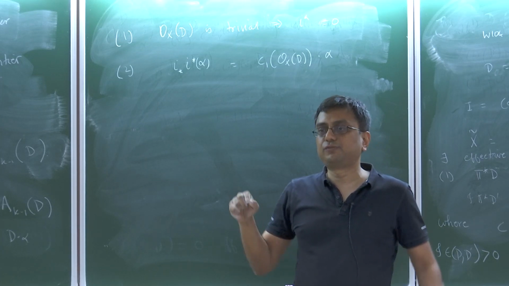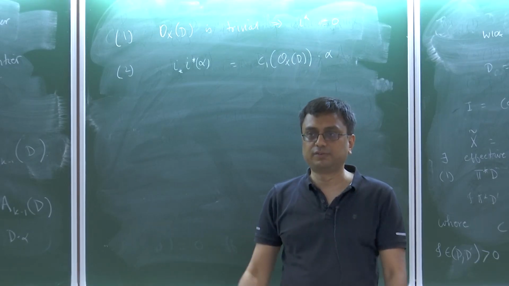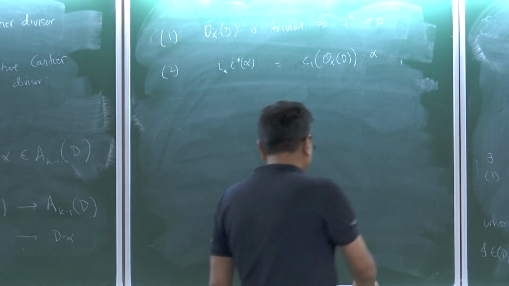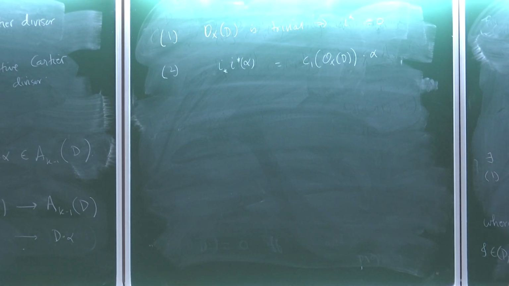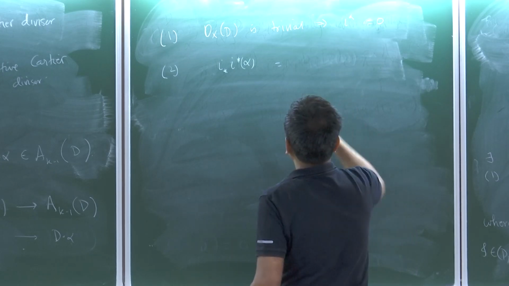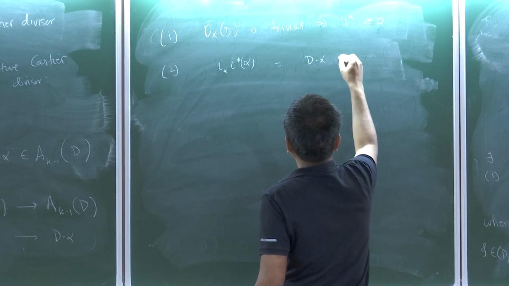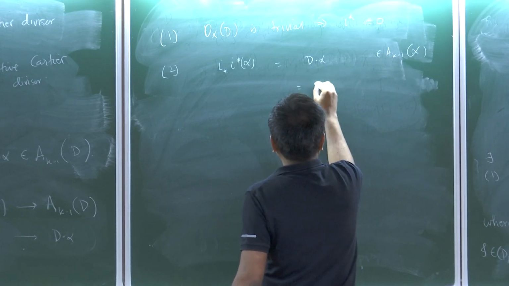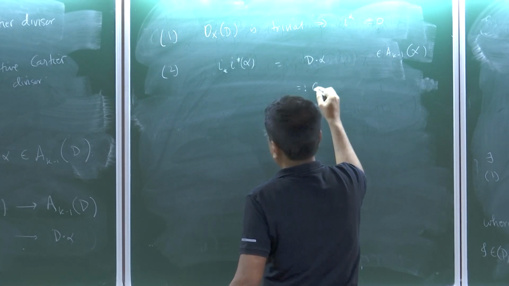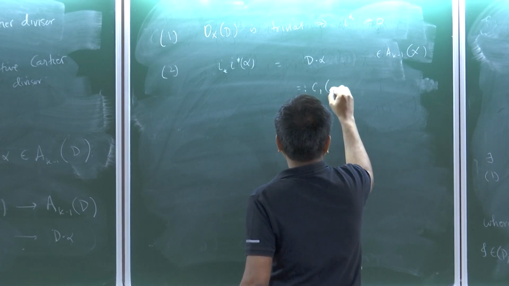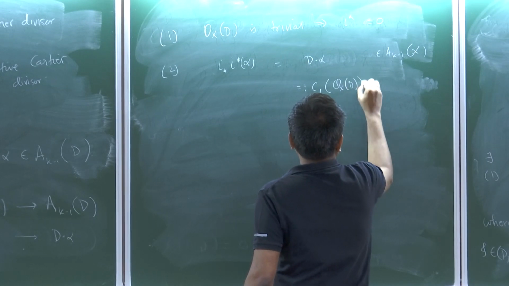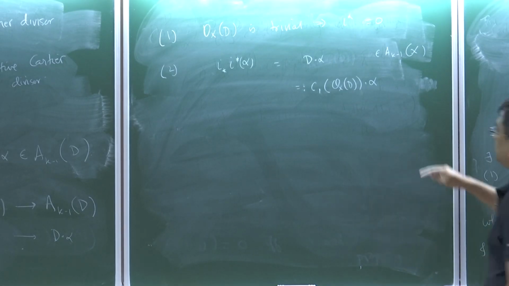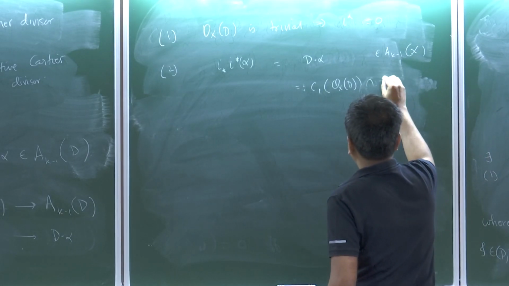Because the first Chern class was defined as this operator, alpha goes to D·alpha. That was the definition of the first Chern class. Maybe I should write it down. So first write it equal to D·alpha, considered as a class in A_{k-1} of X, and this was the definition, or if you like, I am defining it right now, c_1 of O_X(D) dot alpha, right? Or in the book, sometimes this cap alpha notation is used.